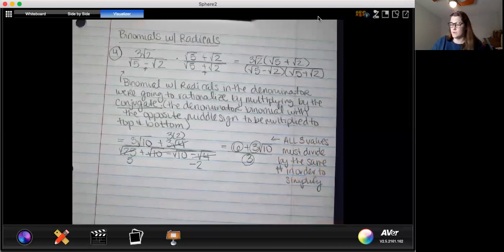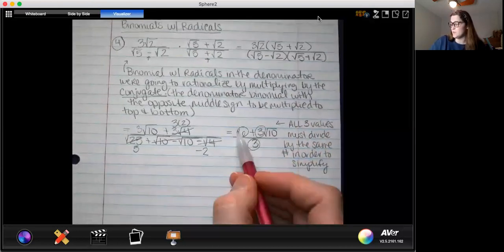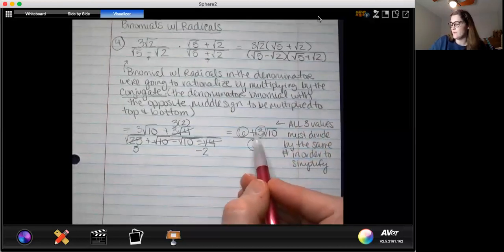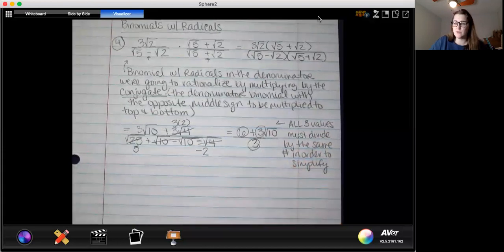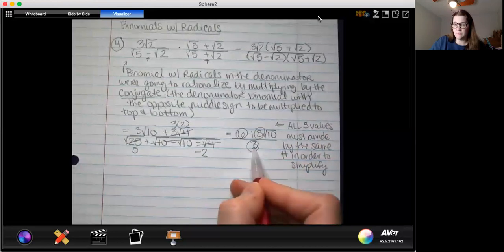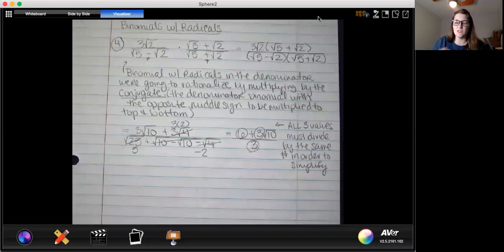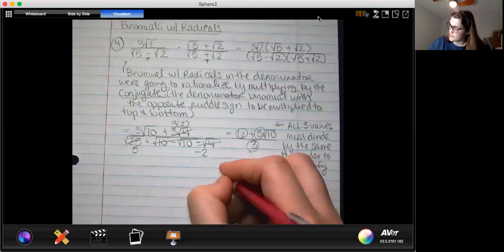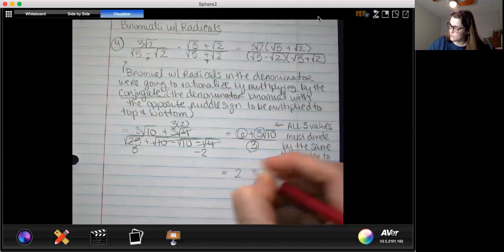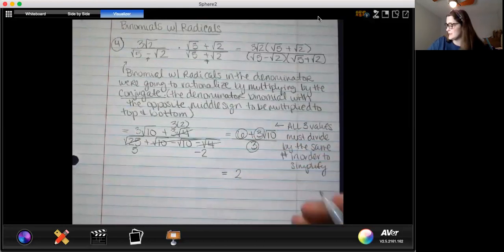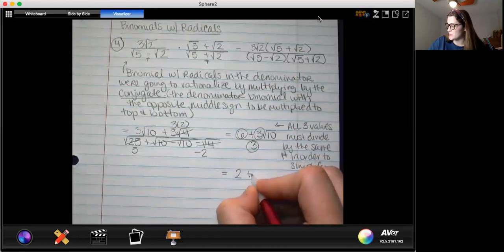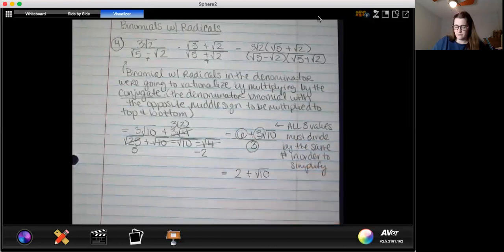If this was a 2 here, so it was 6, 2, 3, I couldn't simplify it. It has to be all 3 on the outside of the radical in order for it to simplify. Now, when I simplify it, 6 divided by 3 is 2, 3 divided by 3 is 1, but we're not going to write that, so it'd just be 2 plus square root of 10.